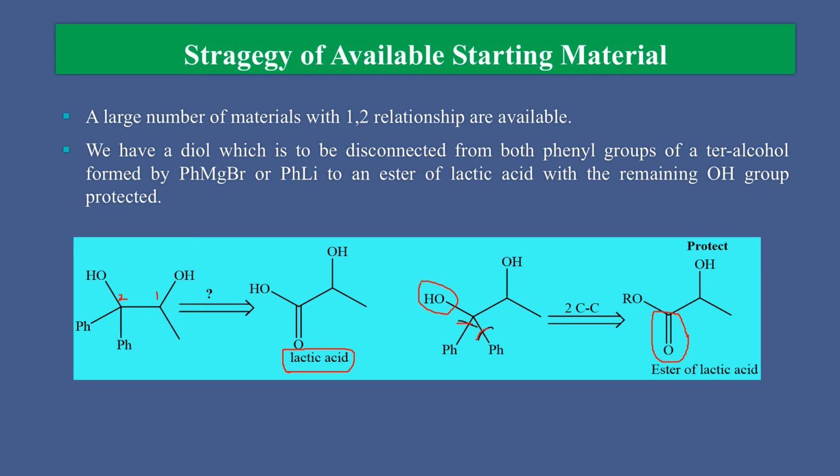When we have this carbonyl compound, then lactic acid or esters of lactic acid can be used to prepare the target molecule, which is a 1,2-diol. A Grignard reagent, RMgBr, can give us this target molecule.